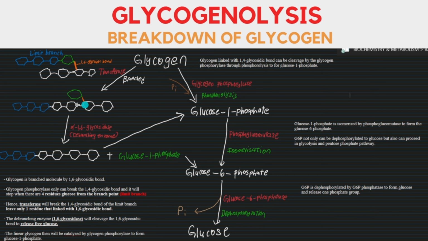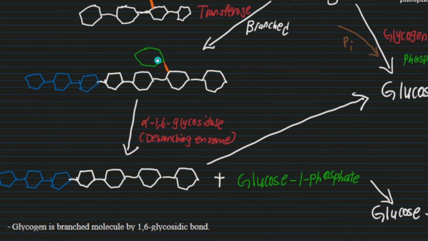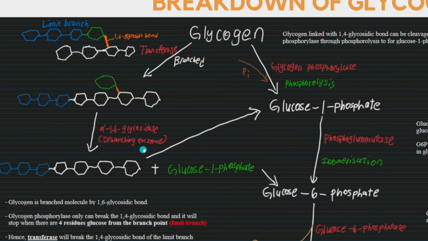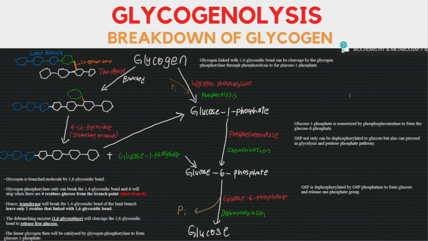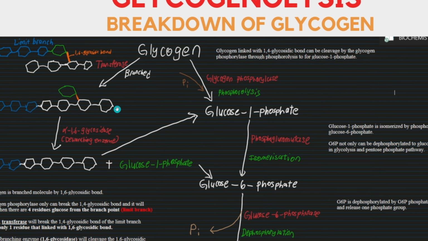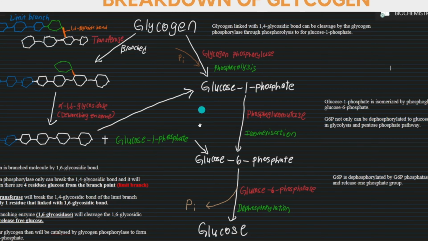So how about this residue? This residue will be cleaved by alpha 1,6-glucosidase, which is a debranching enzyme, to form glucose 1-phosphate. It will cut down this glucose and release it to form glucose 1-phosphate, and then this glucose 1-phosphate will go to glucose 6-phosphate and glucose.